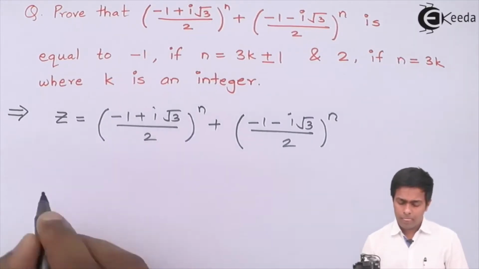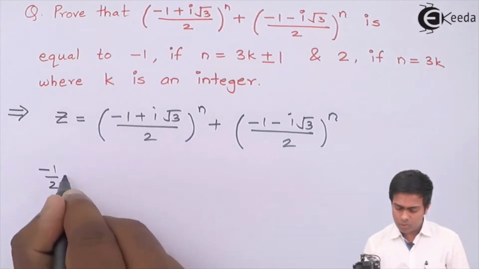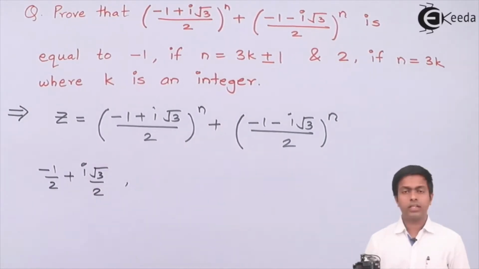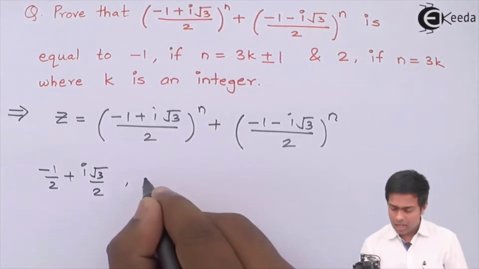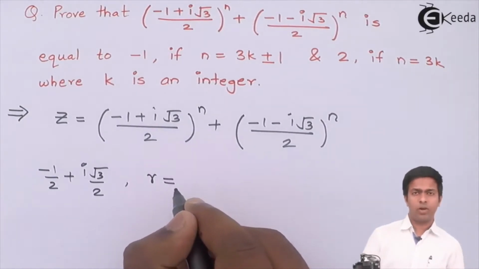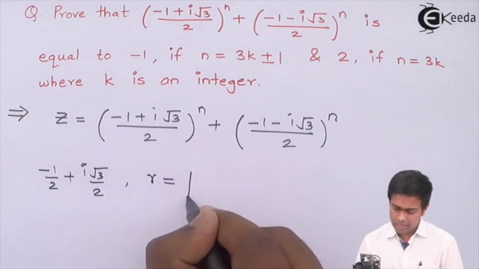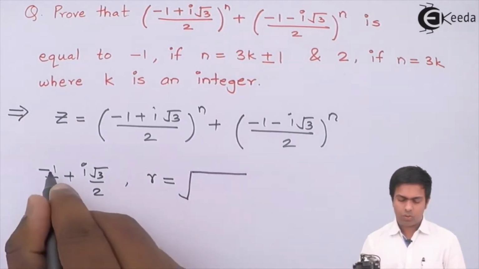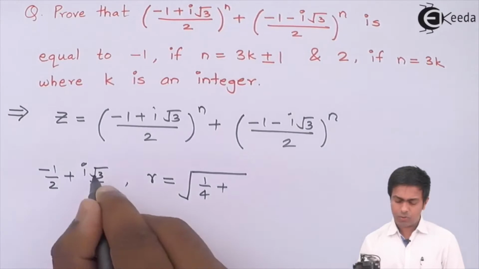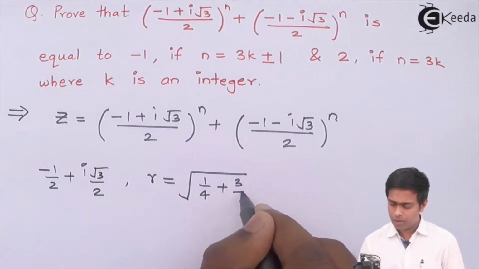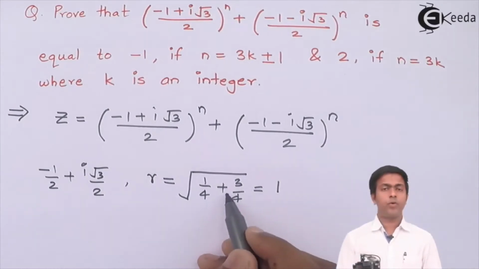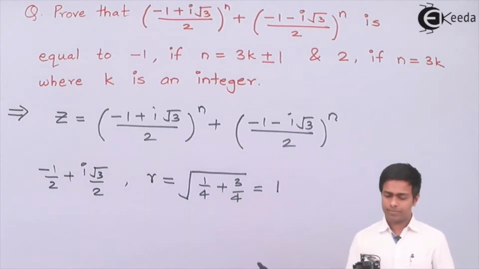So for -1/2 + i√3/2, r is given by the square root of x squared plus y squared. So here it is the square root of the square of this, that is 1/4, plus the square of this, that is 3/4, and we get 1, because 4/4 is 1 and the root of 1 is 1.